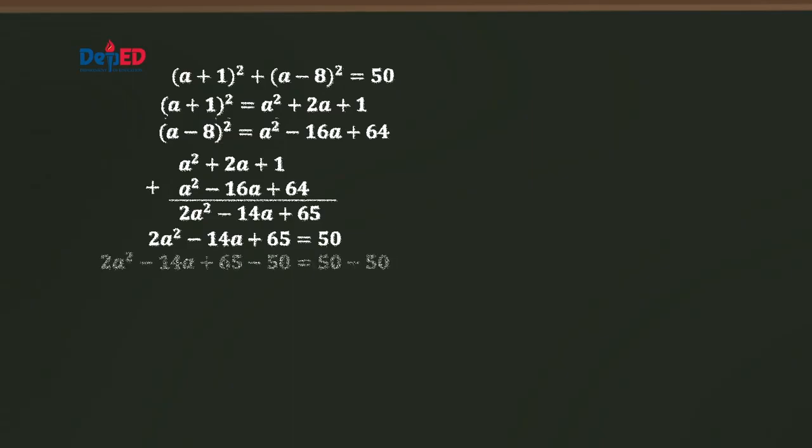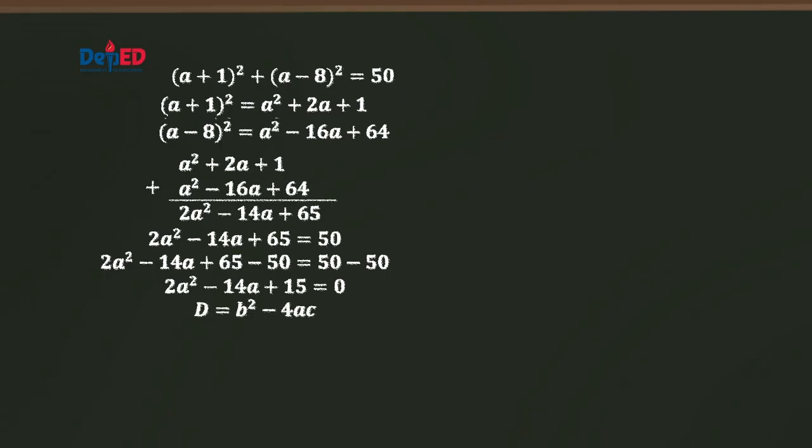Then, we diminish both sides by 50 to set the right side equal to 0. So, the standard form of the equation number 2 is the equation 2a squared minus 14a plus 15 equals 0.